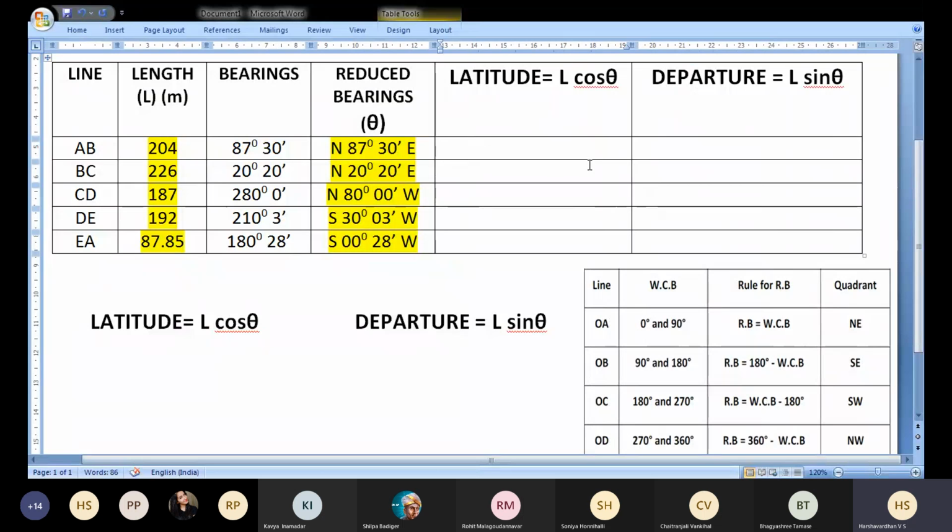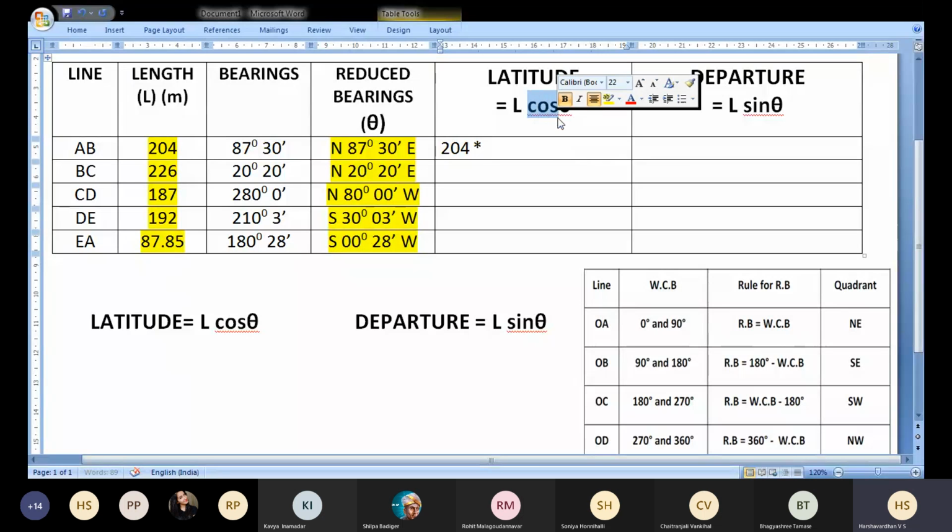For the first line, L is equal to 204 into cos of 87 degrees 30 minutes.